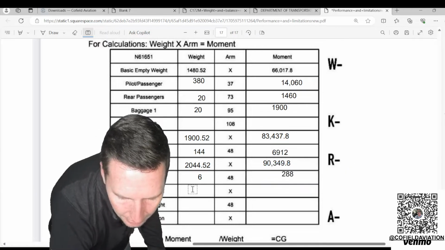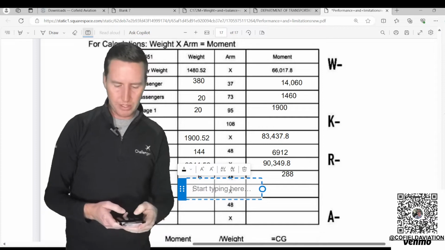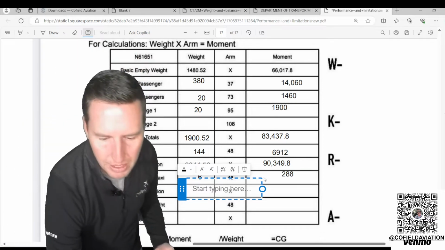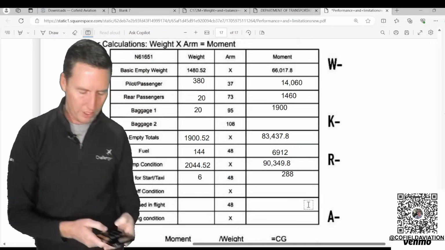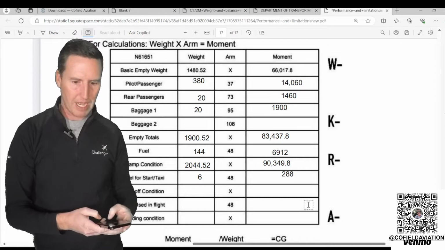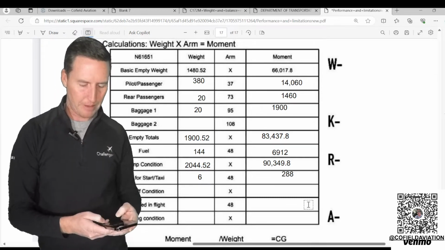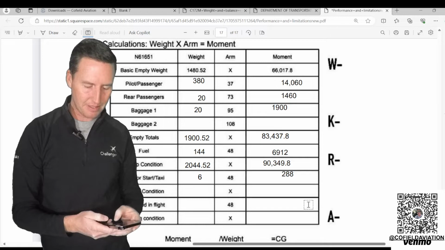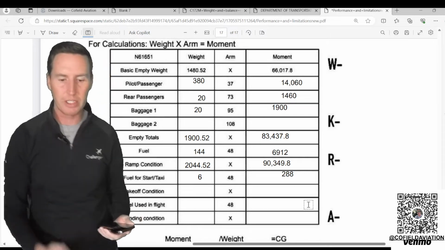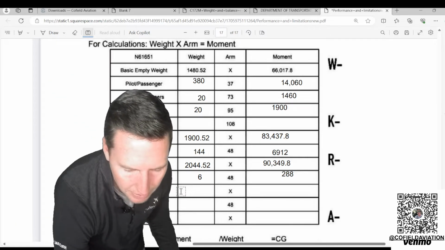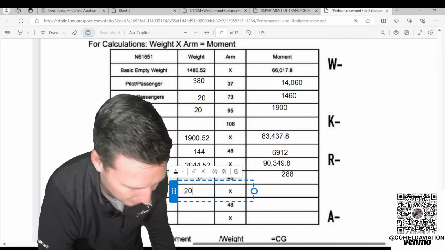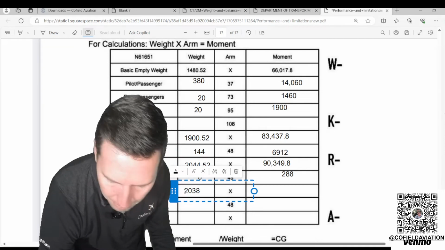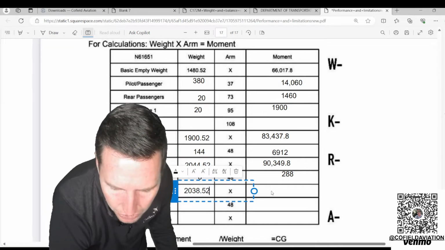And then this will give us our takeoff condition. So that's going to be 2044.52, and that's going to be minus 6, right? Because we burned that fuel off. So that means our takeoff weight is 2038.52.